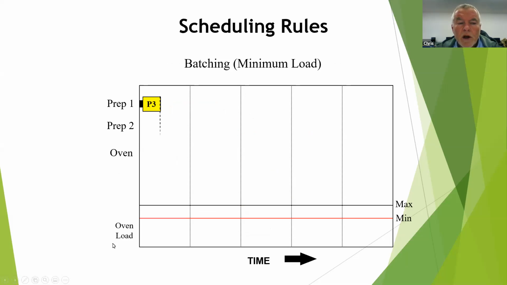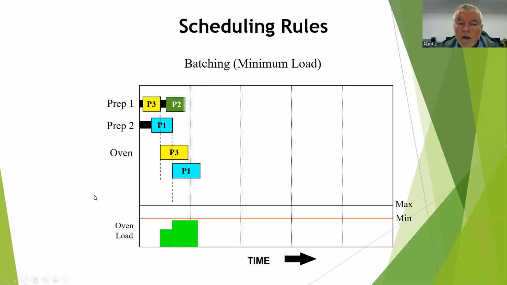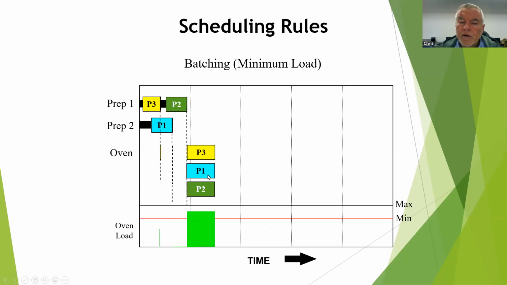Here's one where I'm doing an oven load. So I'm doing some sort of preparation. Then I need to go in the oven, but the oven is not full, so I can't close the door. I run another job. The oven is not full, so I can't close the door. Now I run the 3rd job, and the oven is full. So these oven jobs are all going to start and end at the same time. So I would need to reschedule them to the same start and end. I could now delay the schedule of this light blue P1 to start later and end later, because that's the first time we're going to the oven.